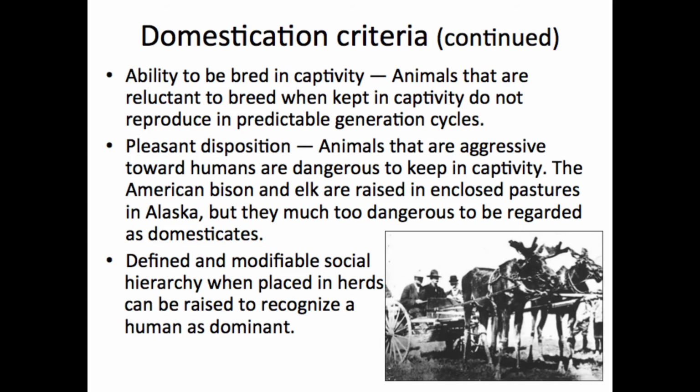So those are the 6 characteristics an animal has to have in order to be able to go through the domestication bottleneck. If it's missing one of them, it just won't make it through. And so there are only 14 species of large mammal herbivores that have gone through the domestication bottleneck.